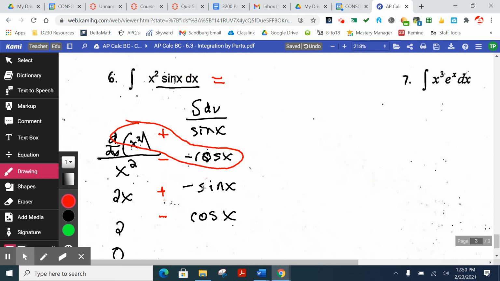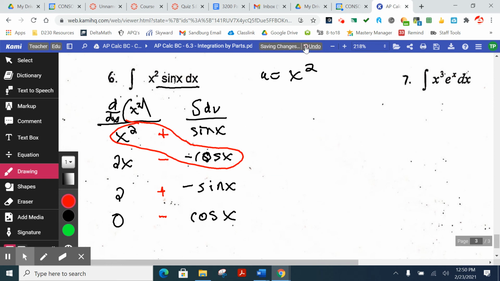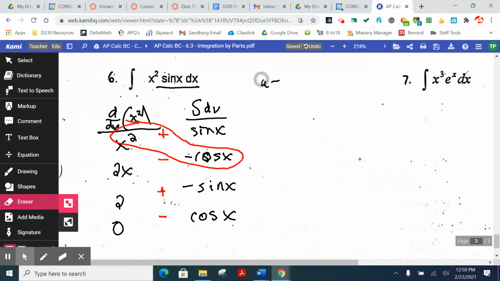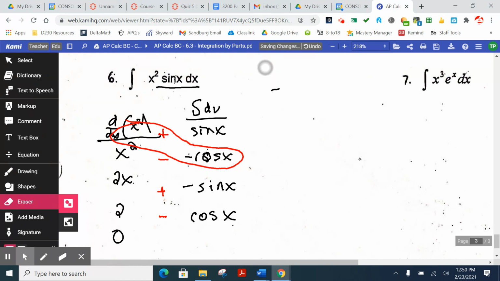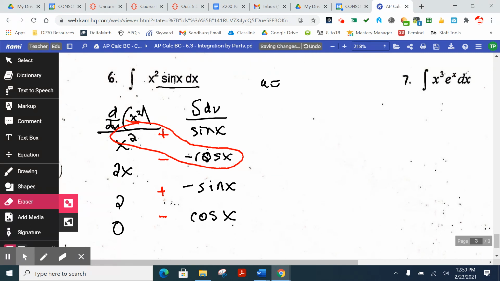There it is. Nothing's happening. There we go. I'm going to lose my mind. All right, let's just do it below.